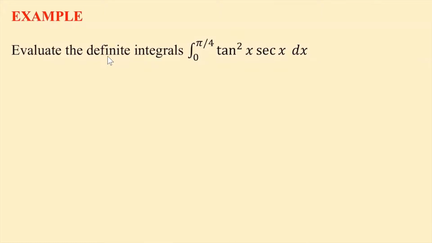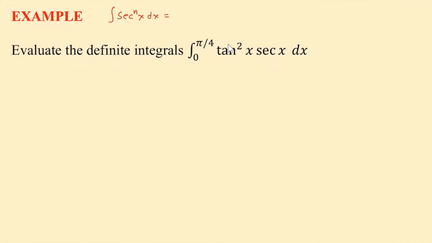Example, evaluate the definite integral 0 through pi over 4 of tangent squared x times secant x dx. Now, in order to evaluate this integral, I'm going to use the reduction formula for secant. So if you want to recall that formula, it is the integral of secant raised to n x dx, the nth power of secant.